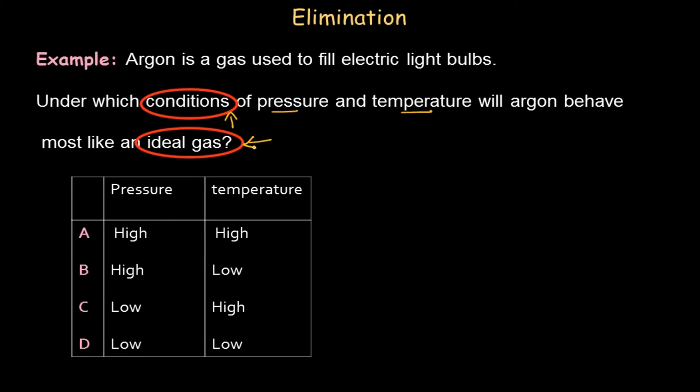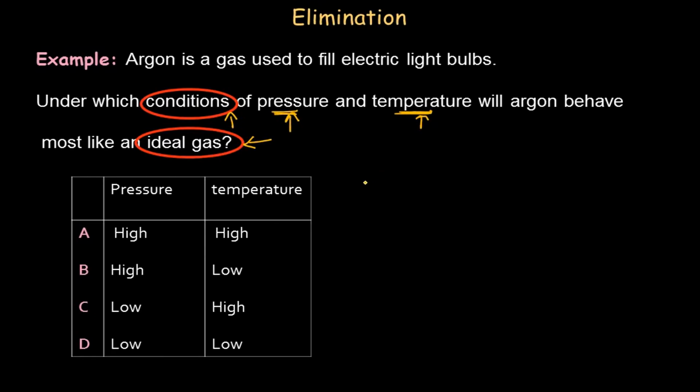Now what I suggest in the elimination method at times is that if you are told to look for two conditions, then think stepwise. First think about one of them, that is pressure, and then the next condition, that is temperature.